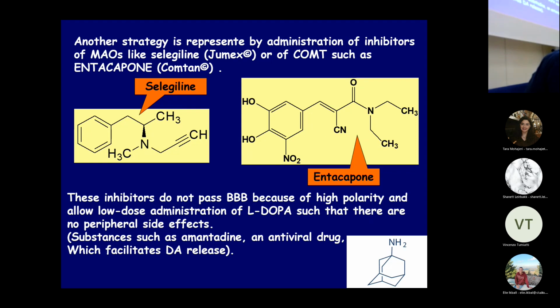But selegiline is able to block also the metabolism of other neurotransmitters, such as noradrenaline, such as serotonin, other neurotransmitters involved in other important functions.